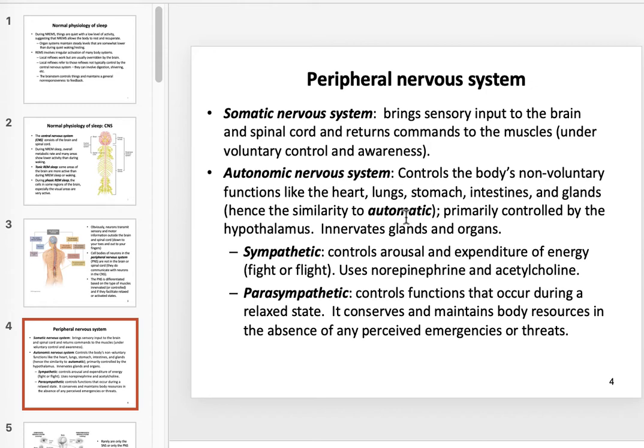Sympathetic control is when we're in the fight or flight setting, and that's going to use norepinephrine, the neurotransmitter from Chapter 5 that has a lot to do with vigilance, which is about being aware of your environment, and acetylcholine, which once again is an activator. It's in high levels in the waking state and controls the motor neurons that control muscles. Parasympathetic is about rest and recuperation, maintaining and adding to our body reserves.